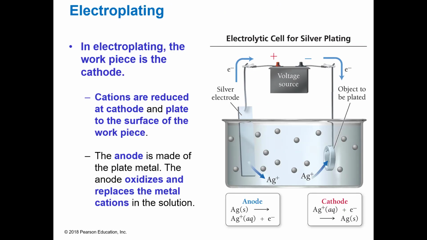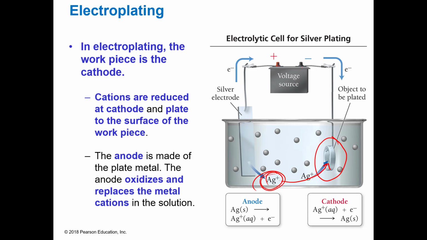When we electroplate something, we're going to have whatever metal we want to turn nice and shiny on something that maybe doesn't cost as much, like zinc or a nickel zinc alloy. And then we take the silver, convert it to the ion, and the silver ion will go to the surface of the other material and deposit the silver on there.